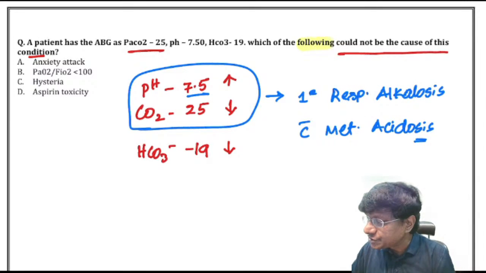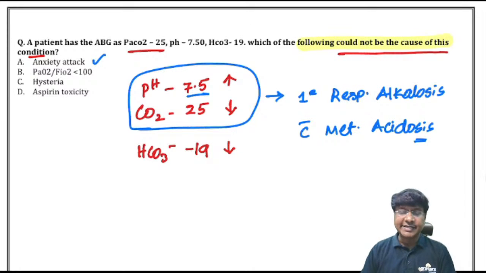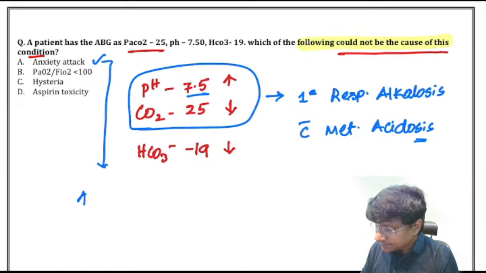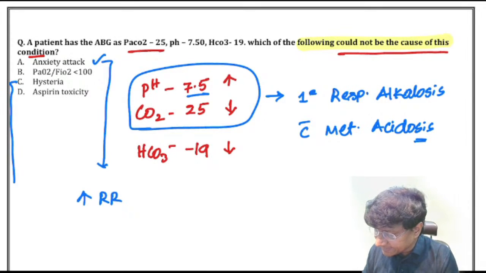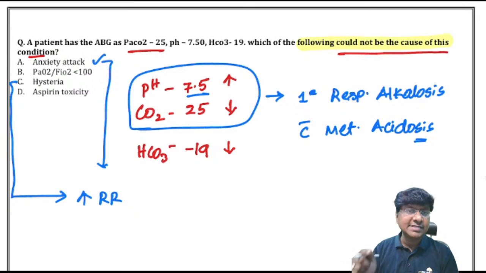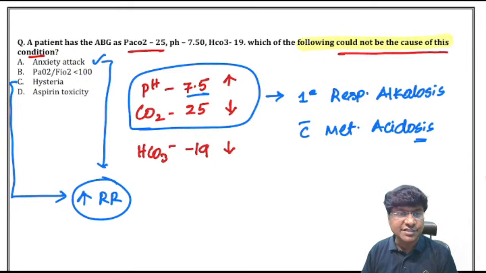Now the question asked is, in which of the following conditions will you not have this? You take anxiety attack. In anxiety attack there can be respiratory alkalosis, because there will be an increase in your respiratory rate, which causes carbon dioxide washout, resulting in respiratory alkalosis.